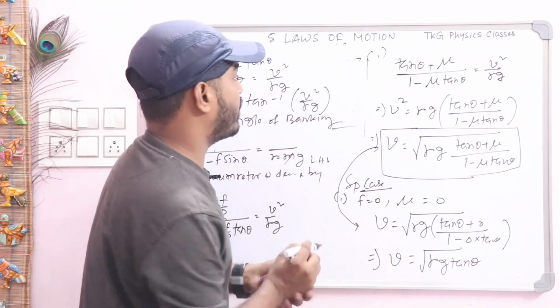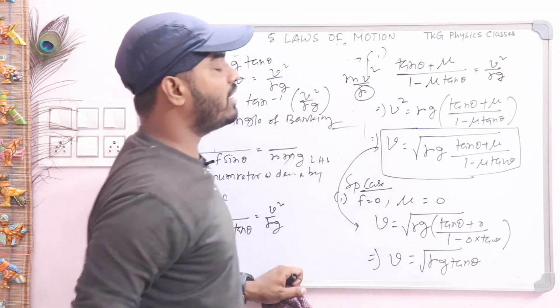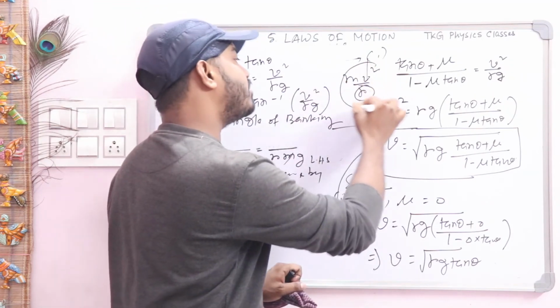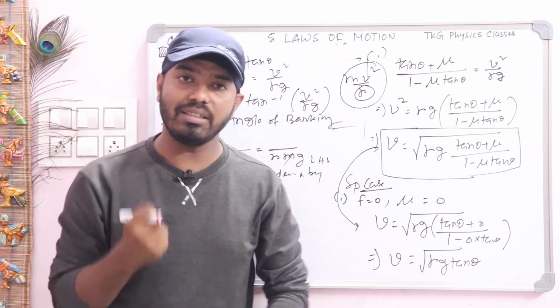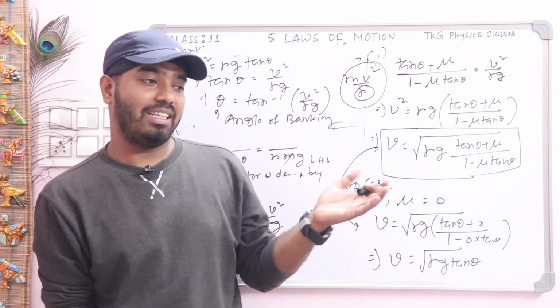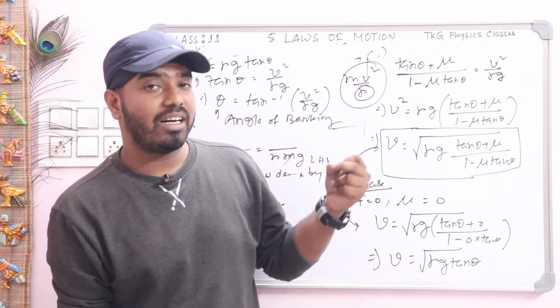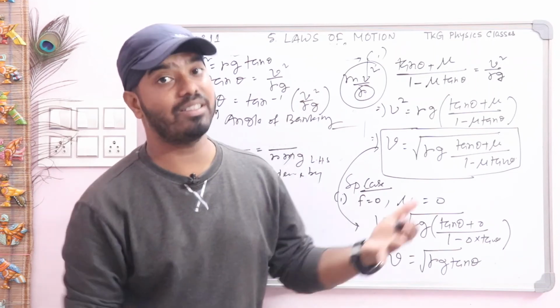See this formula, mv square by r. When radius increases, mv square by r decreases, that means the centripetal force required decreases. Then the inward frictional force and normal reaction force easily balance this.